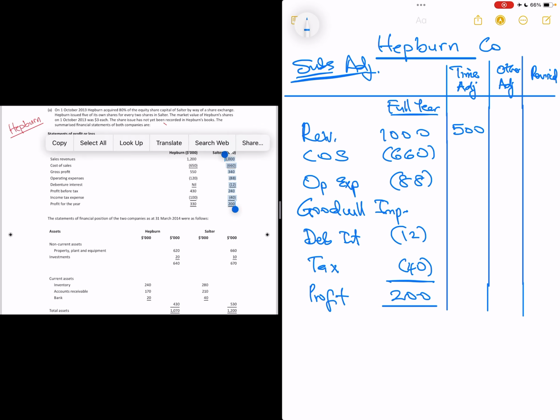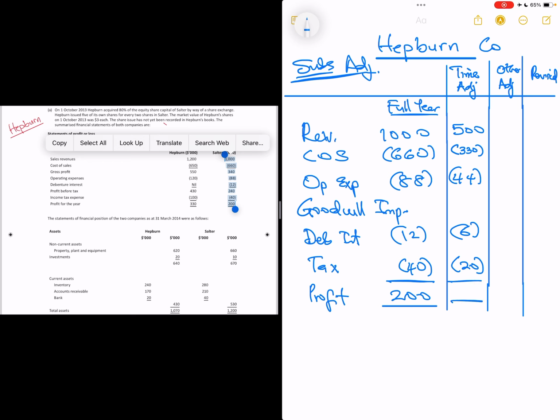So we need to divide that column by 2. So this will be 330. This will be 44. This will be 6. I'm going to come back to goodwill. That's other adjustments. But the first thing is time apportionment before we go into other adjustments. And this will be 20.